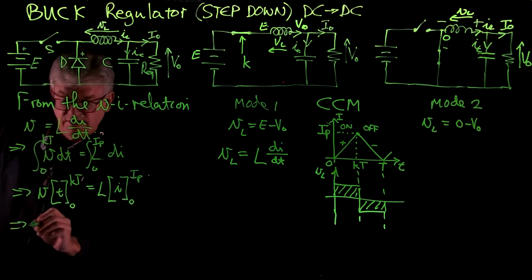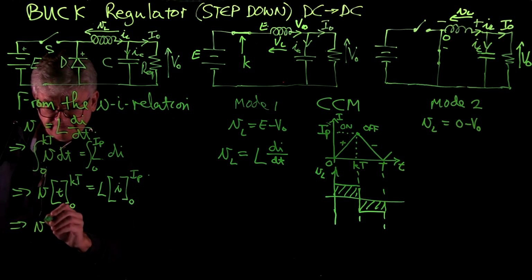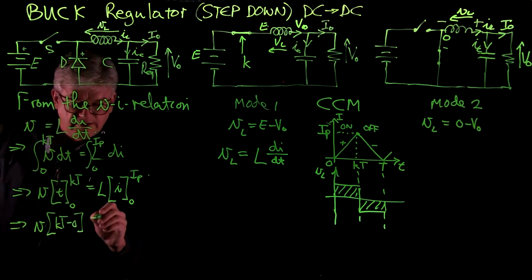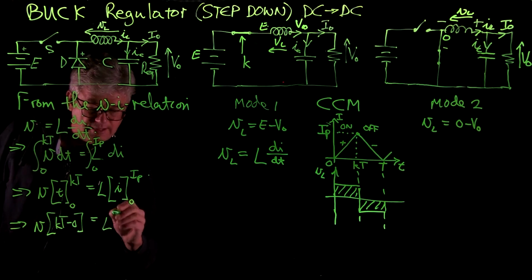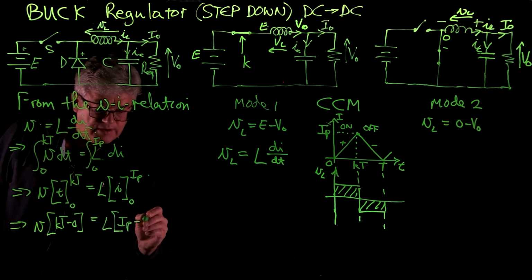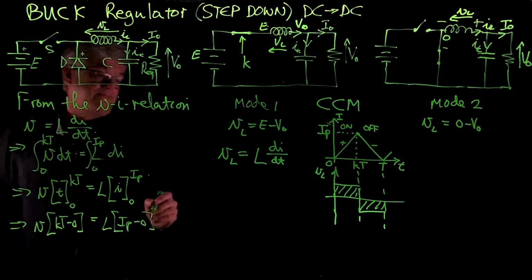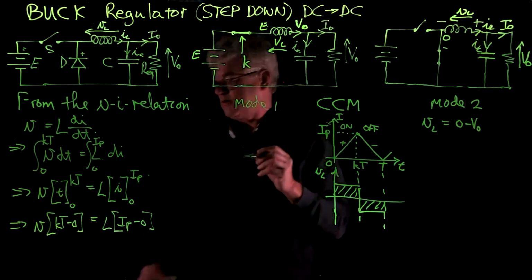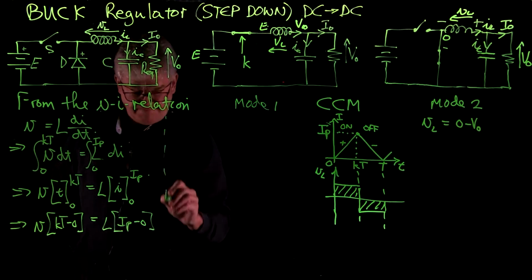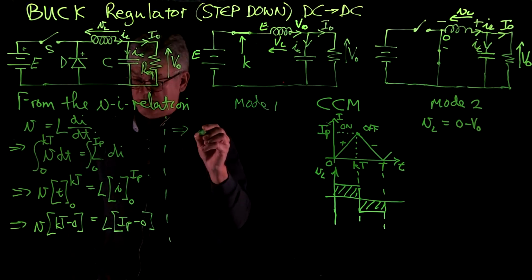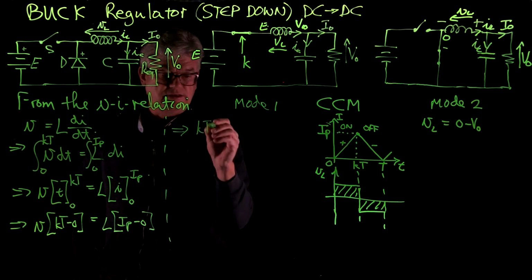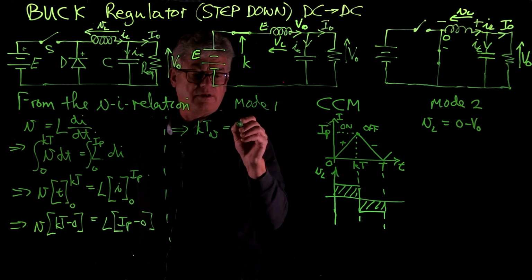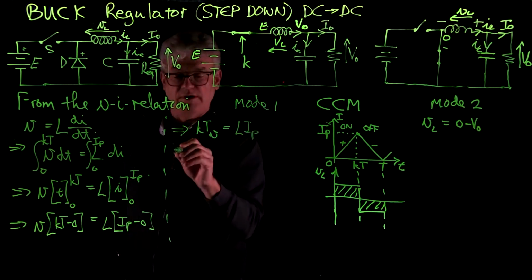And therefore, we can say that V times KT minus 0 is equal to L times IP minus 0. Therefore, KTV is equal to L IP.